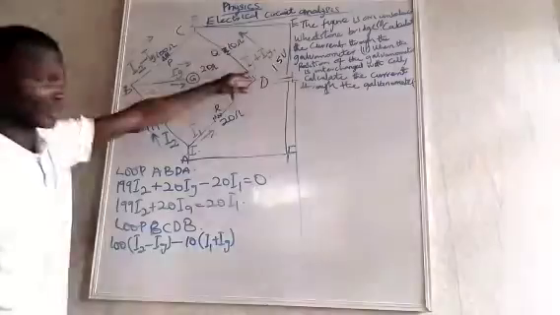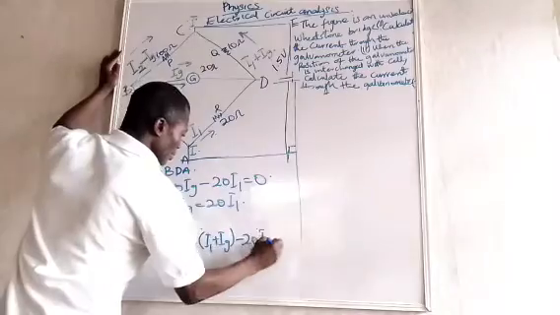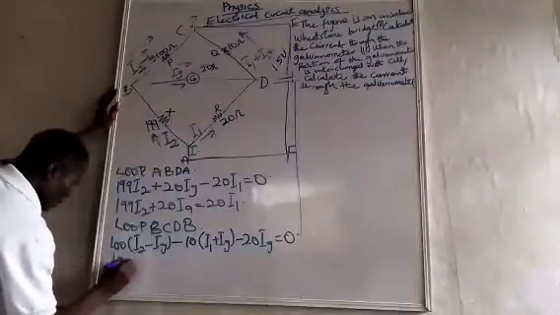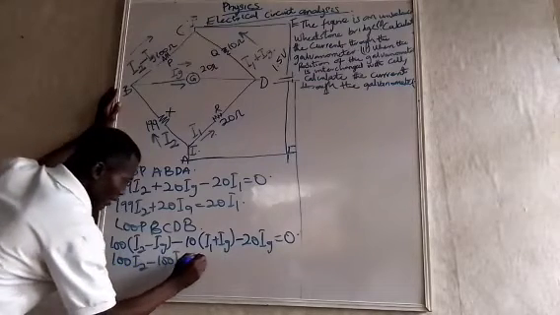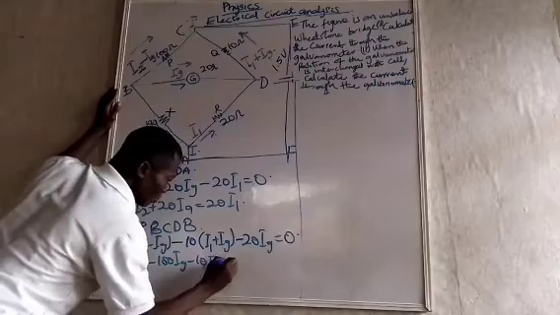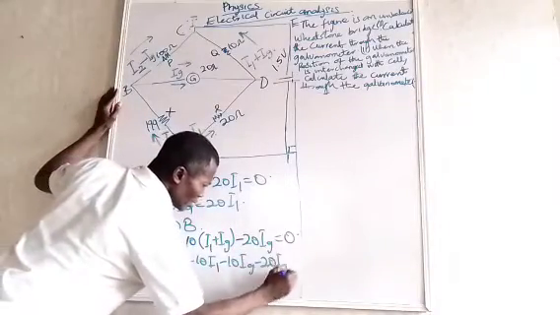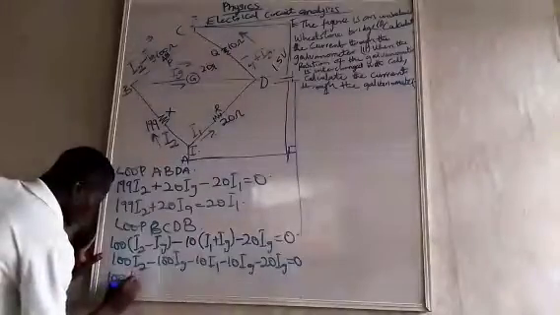You can see this one flows in this direction. So minus 20 IG equals 0. So I can now say 100 I2 minus 100 IG minus 10 I1 minus 10 IG minus 20 IG equals 0.